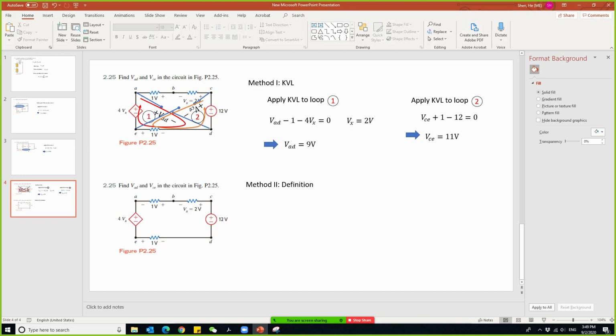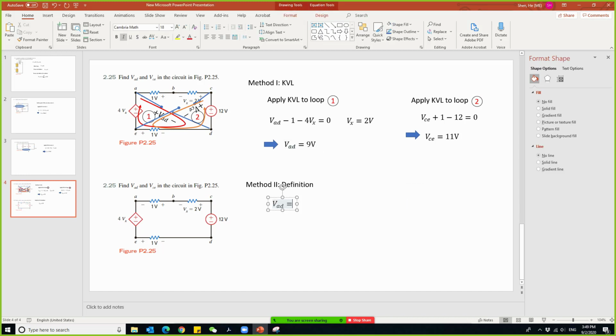So I can find VAD using the definition, the voltage drop from A to D. I can find it from here. VAD is equal to the first voltage drop from A to B, which is negative 1, and the second voltage drop from B to C, that is minus 2. The third voltage drop from C to D, that is plus 12. So you can find it that way. That is 9 volts.